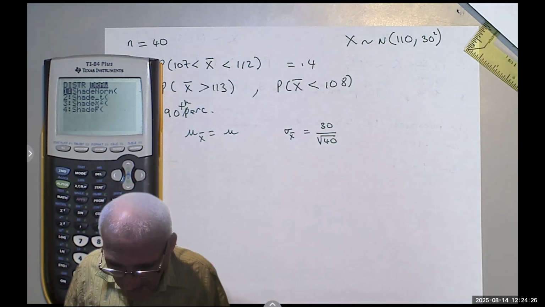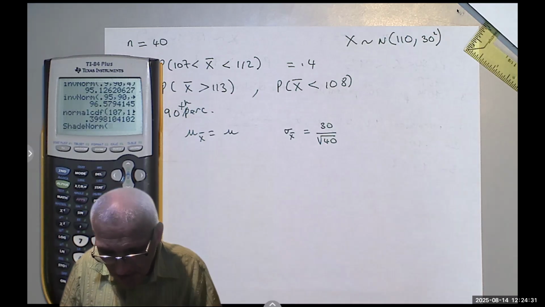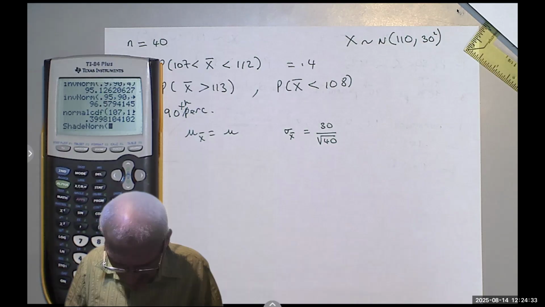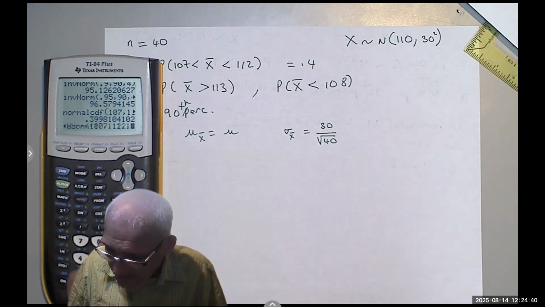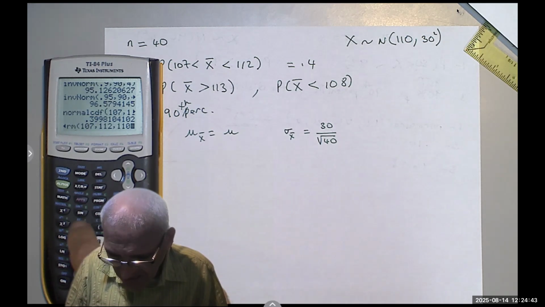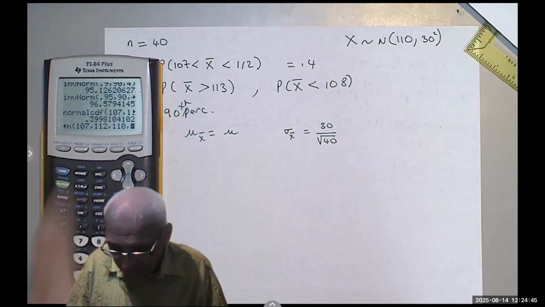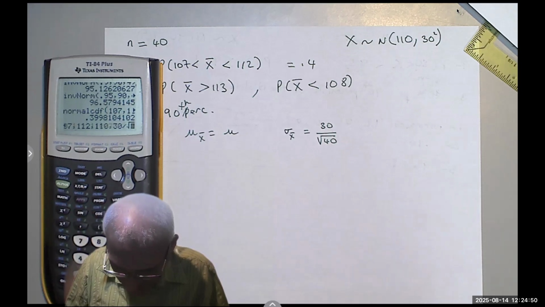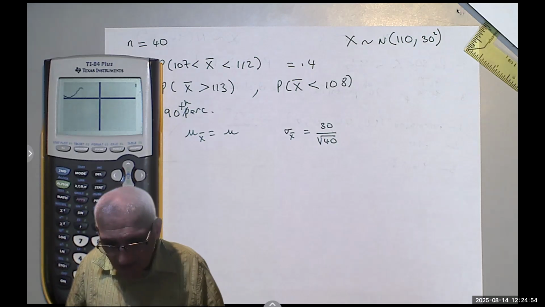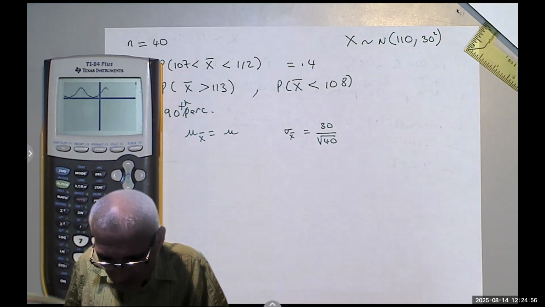Now we can shade the normal distribution. I think you should enter the same thing. So if I say 107, comma, I never used it, I think, or maybe in the past, I can't remember. I didn't use this specific calculator. I think it's the same thing. So I will enter the same numbers and see if we get the same result. Oh, no, that's not the shaded.